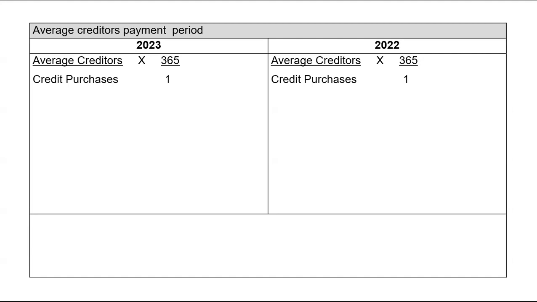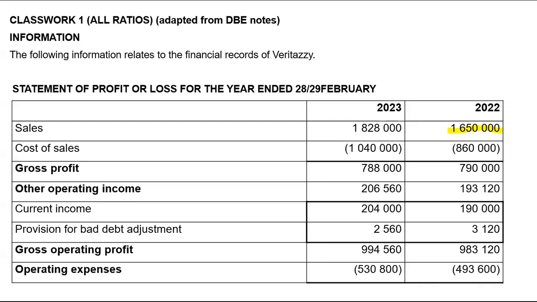And when it comes to credit purchases, I need to check how my purchases were made, and normally the information about purchases will be cost of sales. Okay, so cost of sales for the current year were 1,040,000 and for last year 860,000.